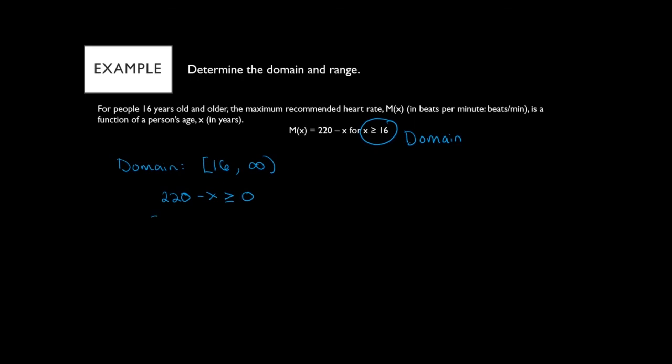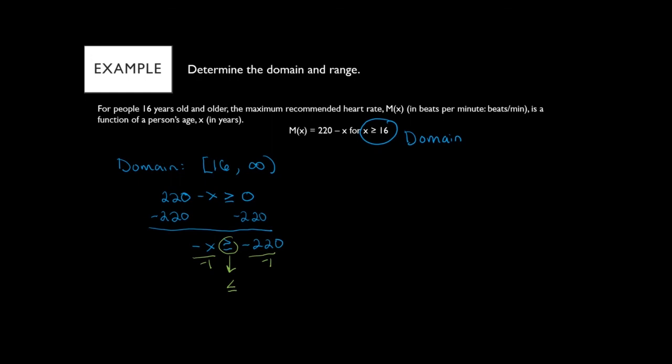If I subtract 220 from both sides, and this is why we learned how to solve inequalities, that gives me negative X greater than or equal to negative 220. Then if I divide both sides by negative 1, that reverses the inequality, so now it's a less than or equal to.